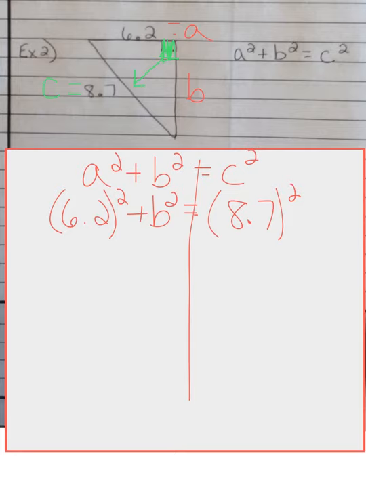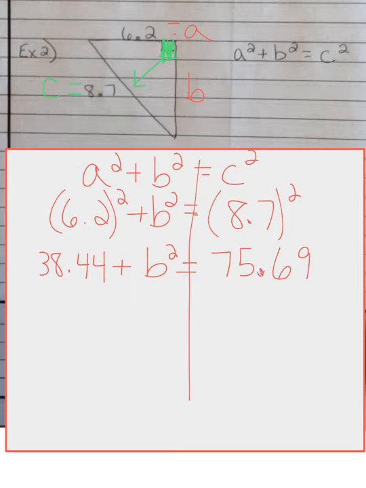And when we go through these steps, 6.2 times 6.2 times it by itself is 38.44 plus b squared, and 8.7 times 8.7 on your calculator, it's okay to get these decimals, is 75.69.